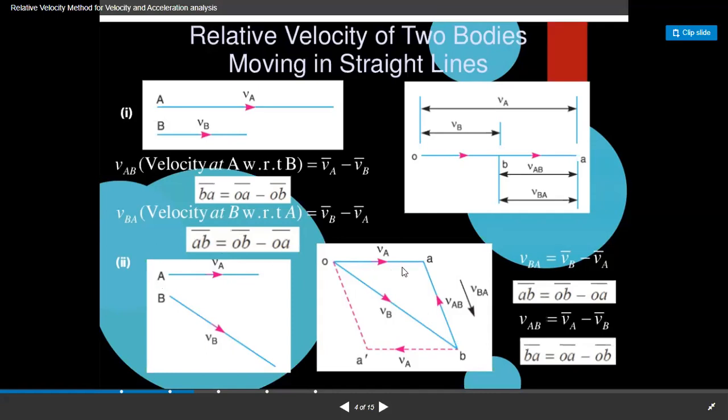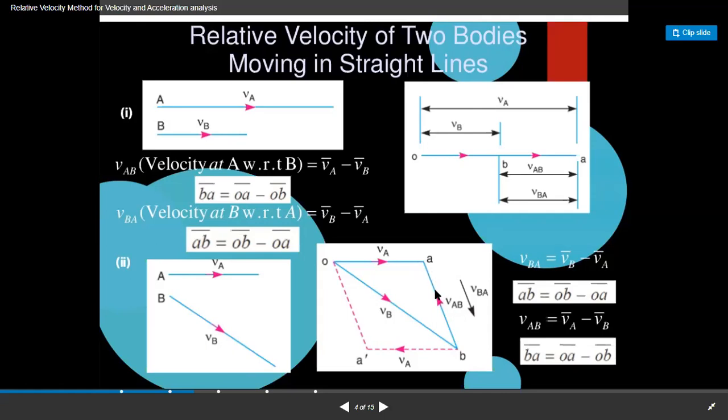OA is the velocity of A and OB is the velocity of B. Then with the help of the triangle method, we can find VAB: both ends of the velocities can be connected by a straight line, which gives the resultant of the two vector quantities, and which is the velocity of A with respect to B.